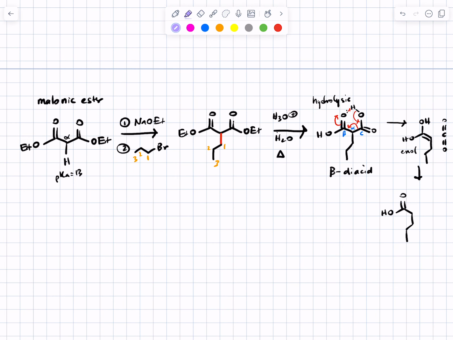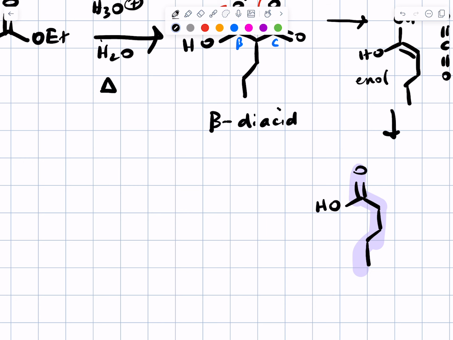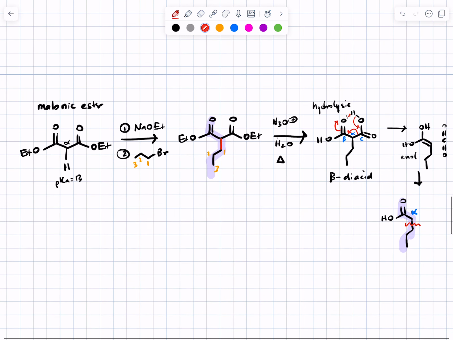And at this stage, these are the carbons that are all still in the product from this earlier intermediate. So if you see an alpha alkylated carboxylic acid, that is some carboxylic acid with an alkyl group on the alpha carbon, you can be thinking, I could have made that using the malonic ester as a starting material.